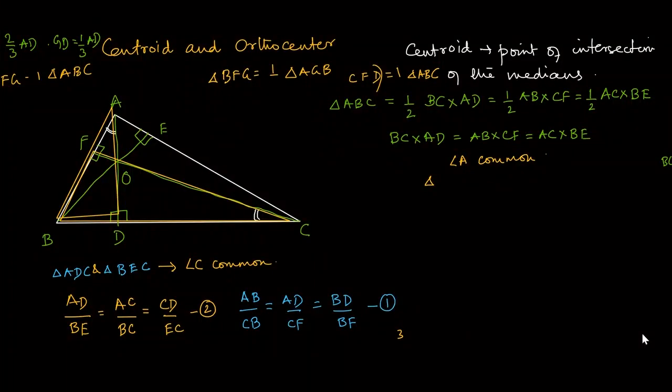If I want to have angle A, the full angle A, triangle BAE, correct. And the other one, triangle ACF, correct. CAF, correct.